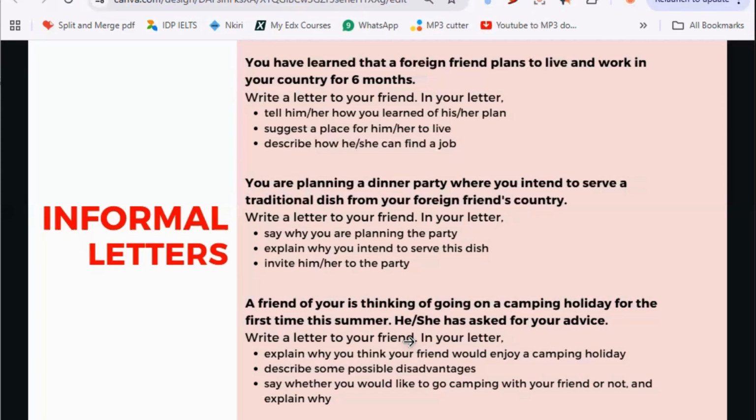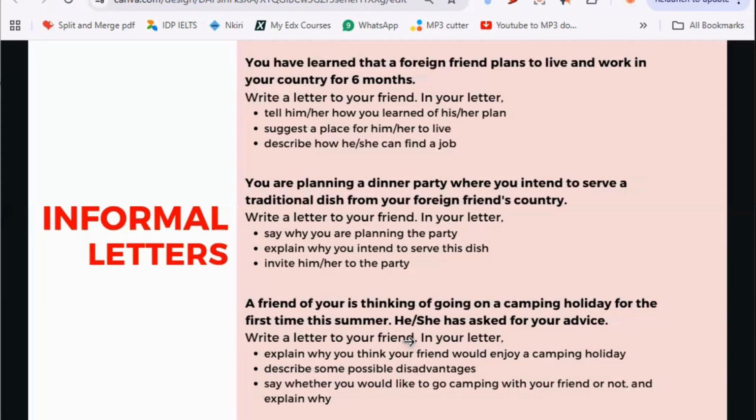So a letter to your friend's parents is going to be a semi-formal letter. Same thing with a letter to your parents' friend, maybe to your daddy's friend or your mommy's friend. Okay, your father's friend or the friend of your mother. That's going to be a semi-formal letter. It's not formal, it's not informal, it's just in between.